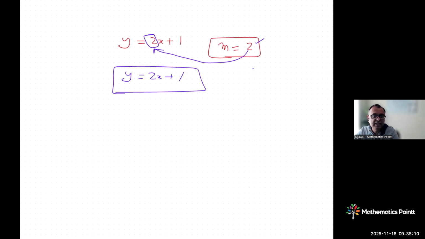If I have the equation of my linear function in the form of y equals mx plus c, then the coefficient of x here, which is 2, is the slope. I hope, Shaban, this is clear now. So you don't need 2 points.